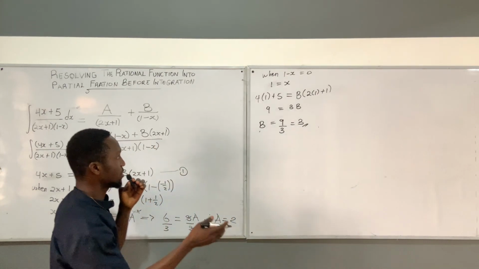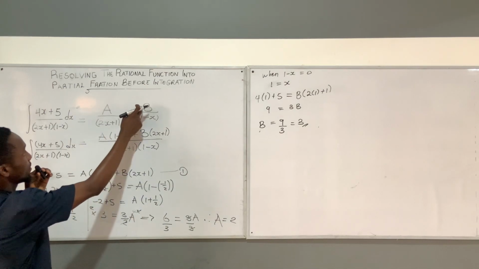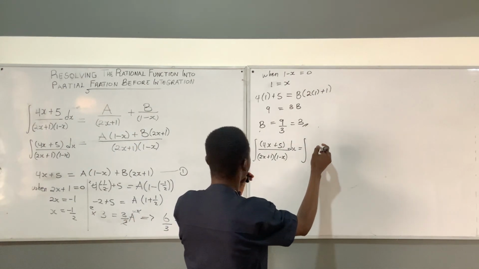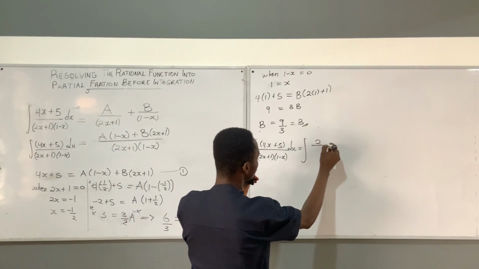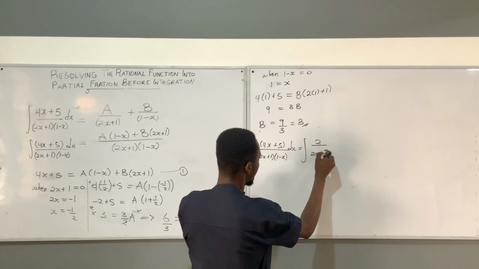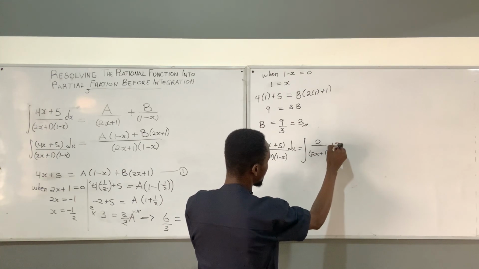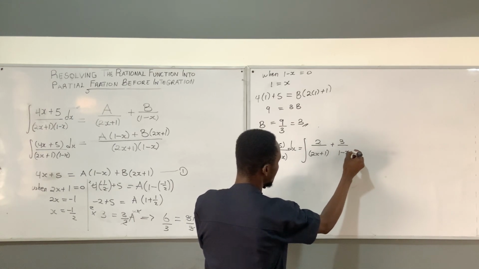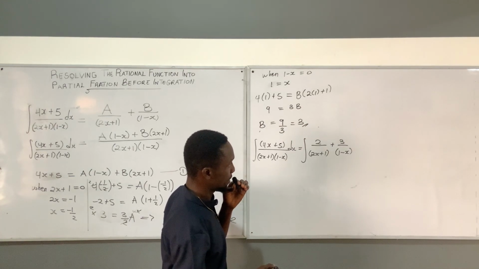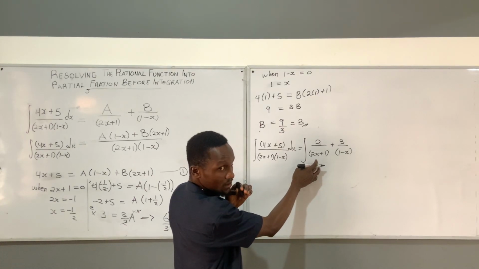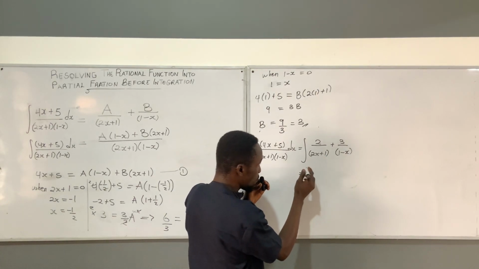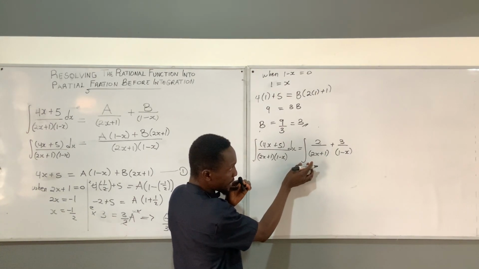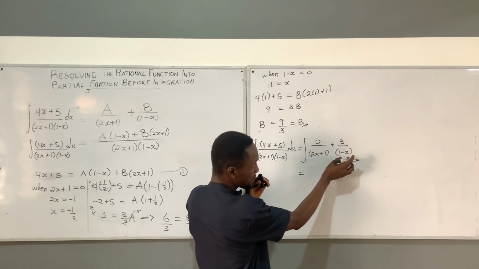Now let's substitute the values of a and b here, giving us integral of 2 over 2x plus 1 plus 3 over 1 minus x. Okay, so from here, it will be easy for us to integrate this. Now I will use this integral sign to multiply this and this.